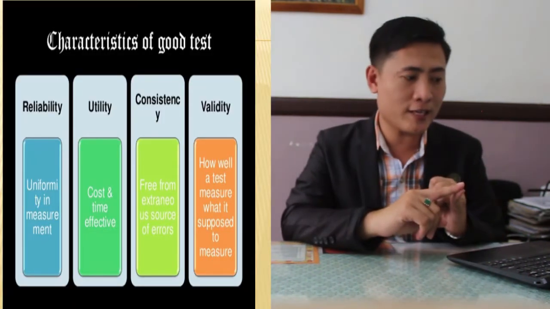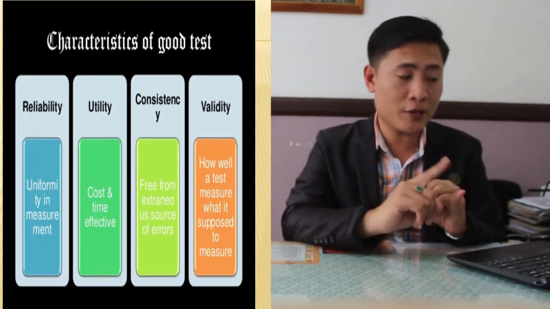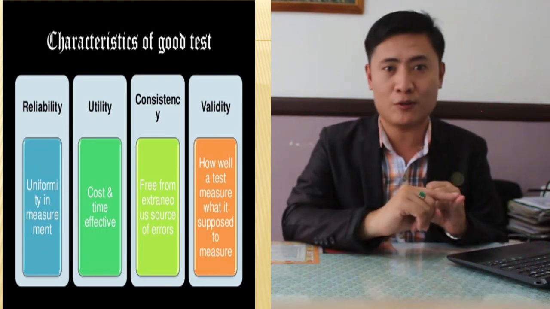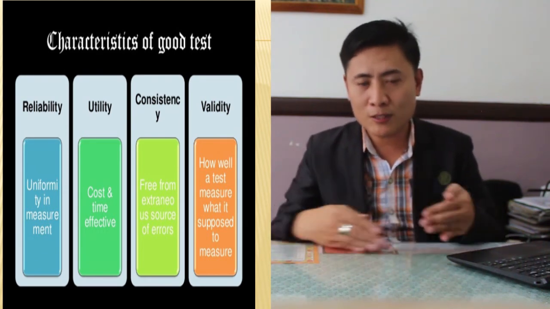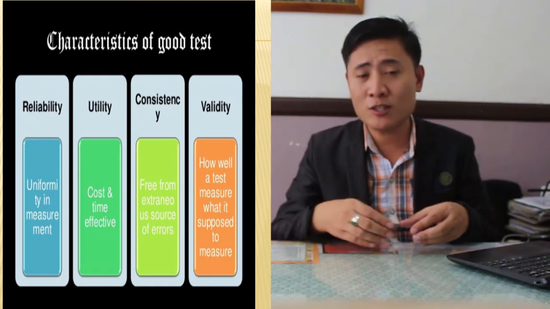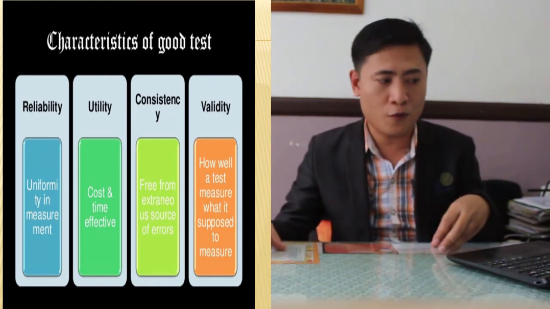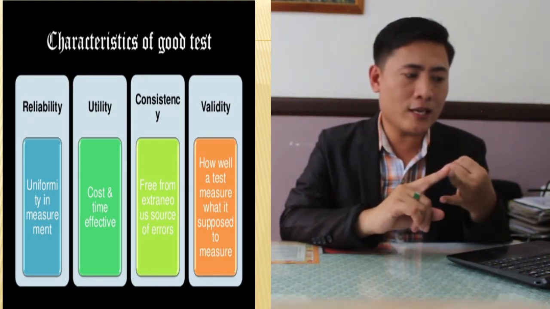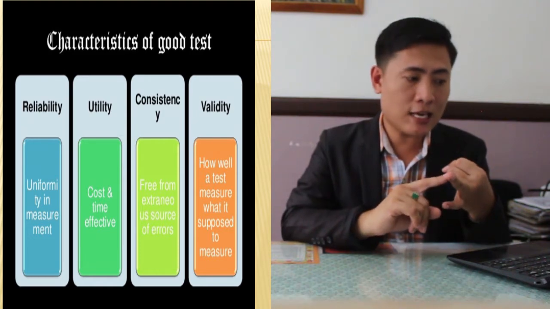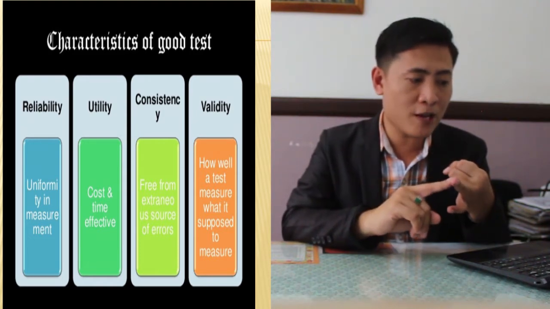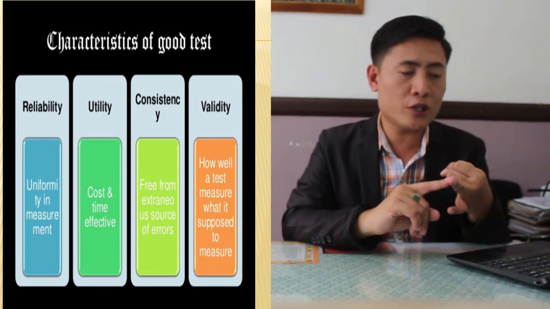Alright, so there are elements that you must consider in constructing the test. The first one is reliability. It pertains to the uniformity in measurement, so it must measure what it is supposed to measure uniformly. Another one is consistency, that is, it must be free from extraneous sources of errors.